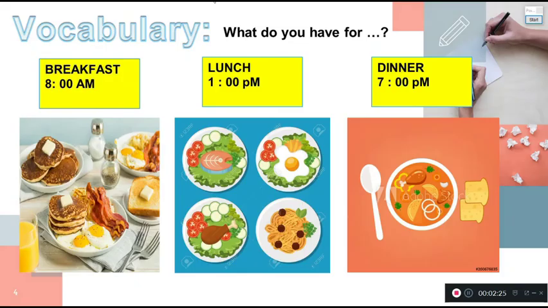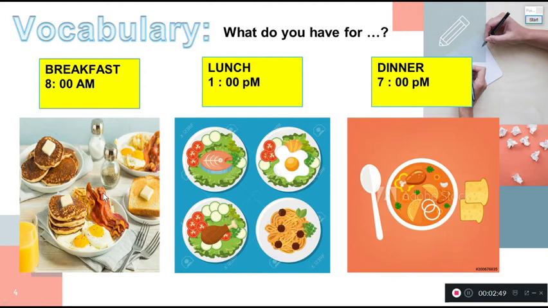Okay, let's continue. Now, today we're also going to talk about the food that we usually have for breakfast, lunch, and dinner. What do you have for breakfast, for example? For breakfast, I have, for example, a cup of coffee and pancakes.